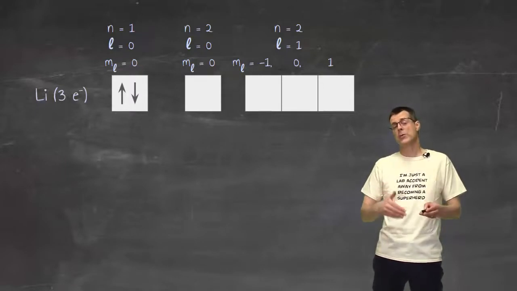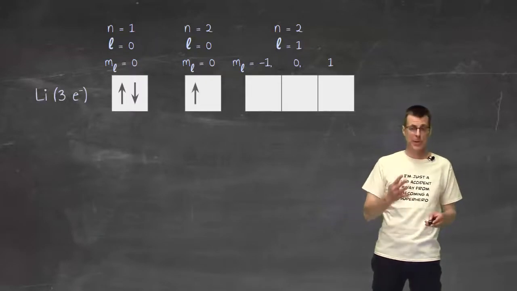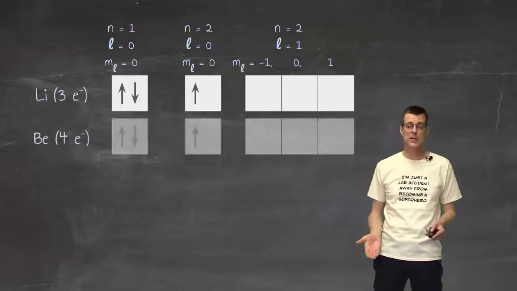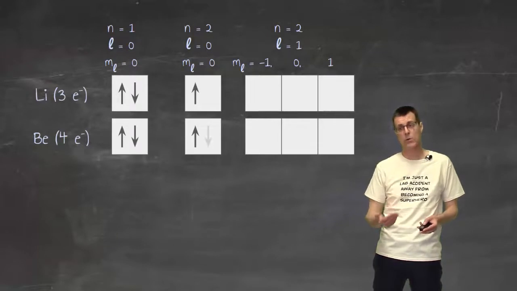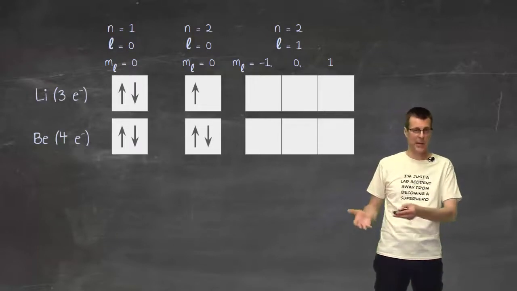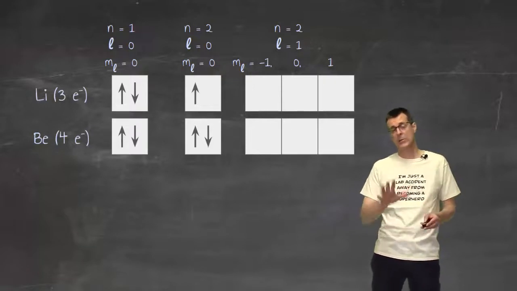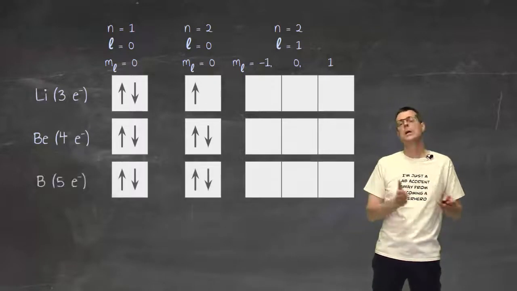The third electron moves on to the next one up. Beryllium, element number 4, is going to start doing exactly the same thing that lithium did, and then it's going to add that next electron, electron number 4, which is going to pair up in that first box.